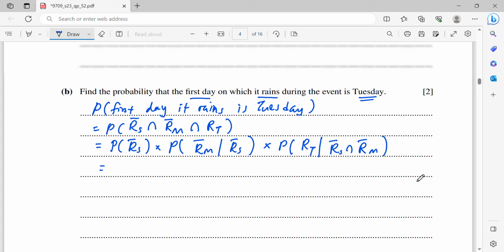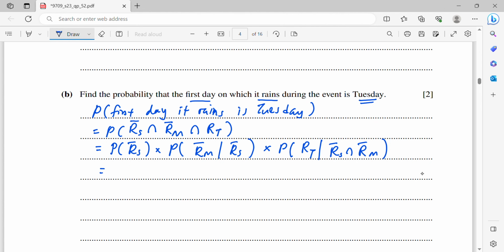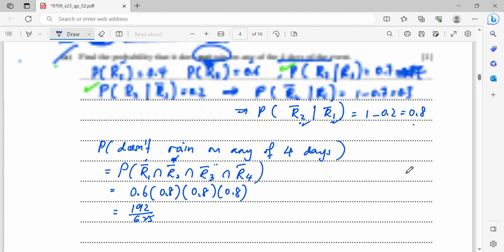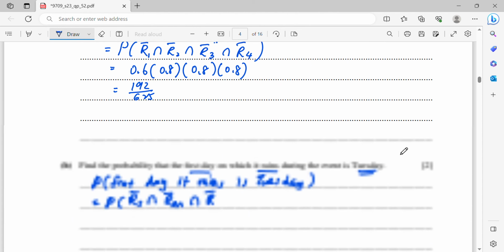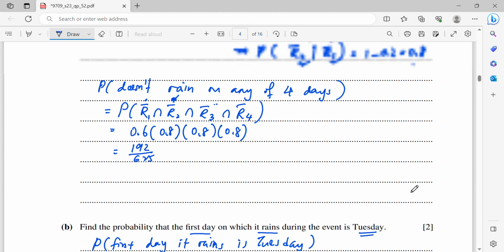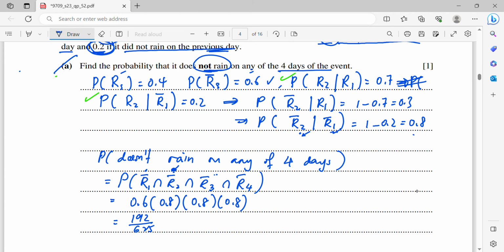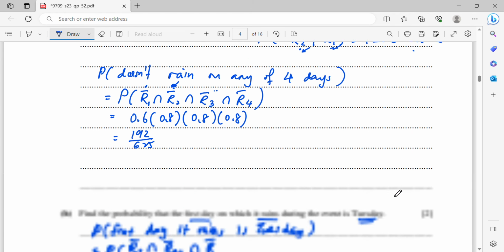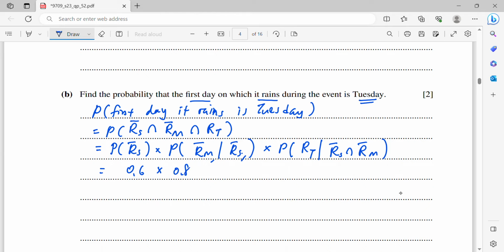Now P(R_S') or bar means that it will be 0.6 times Sunday not rain, Monday not rain. So it means first day not rain, second day also not rain, which is 0.8. Then for the last one, we know that the previous day, Monday, not rain, but Tuesday rains.